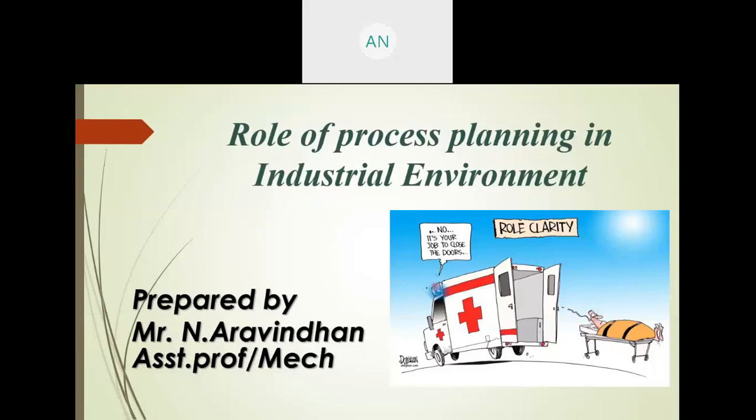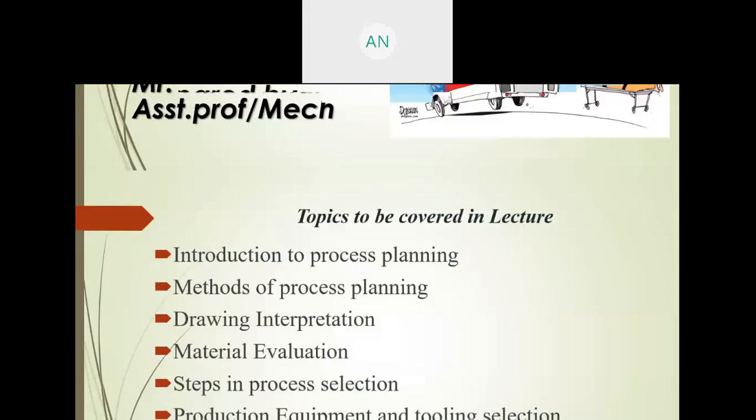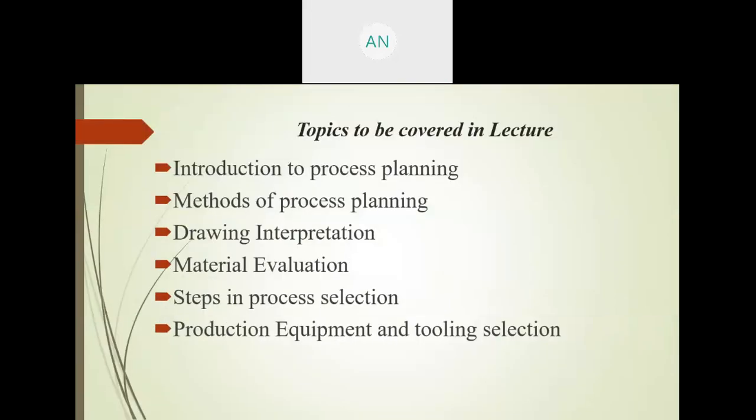So whenever you have an industrial scenario, role clarity is very, very important. These are the topics we are going to cover in this lecture: introduction to process planning, methods of process planning, drawing interpretation, material evaluation, steps in process selection, and production equipment and tooling selection.